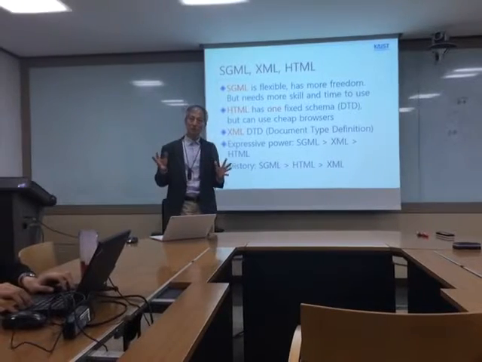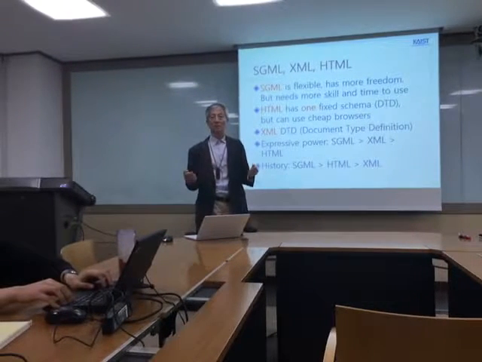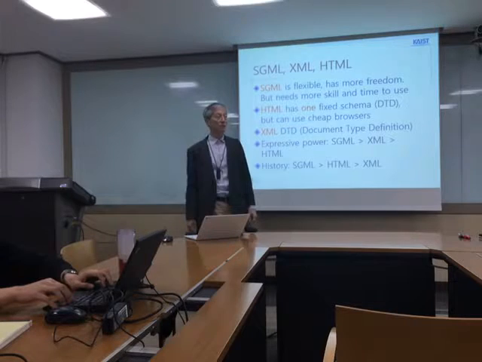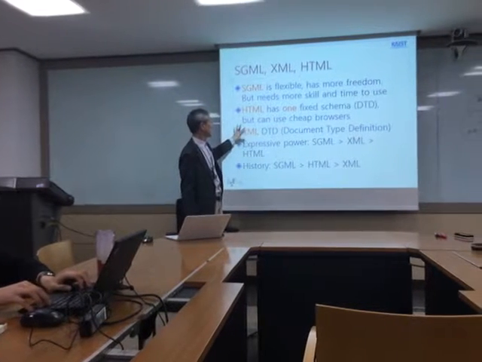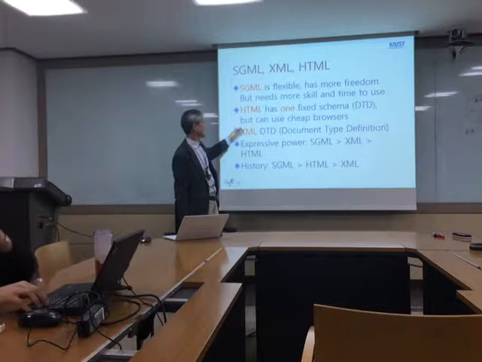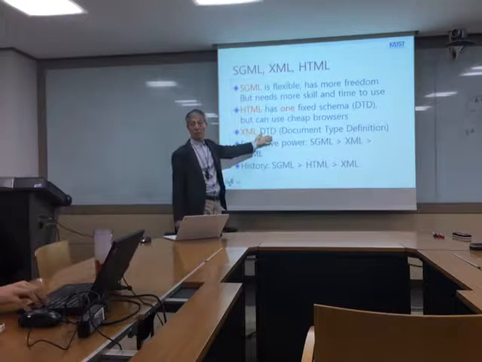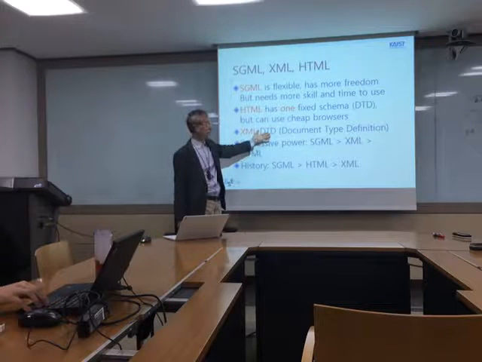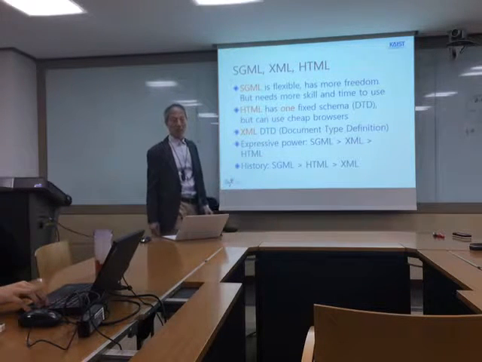And after 10 years of HTML success, people tried to have a little bit more capability than HTML, so they developed a new language called XML. With XML you can design your DTD, or you can modify the DTD yourself.